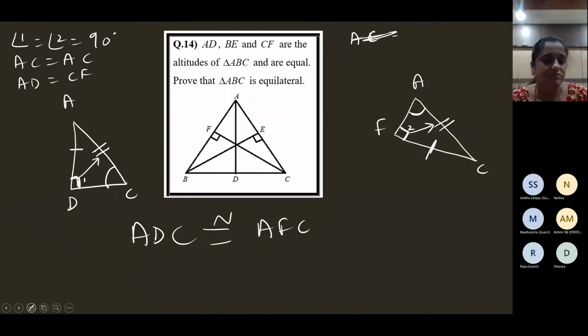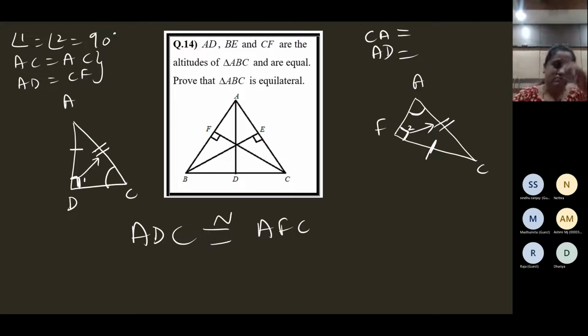Take up these two. Now what's common there? In this one, A is common. So write CAAD. Remember this, children? A is common, so write it as CAAD.